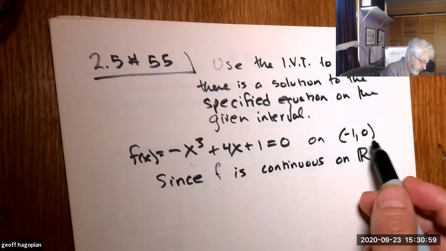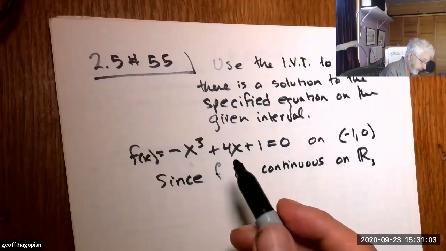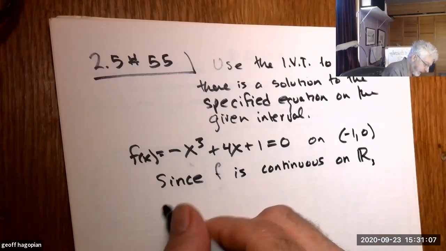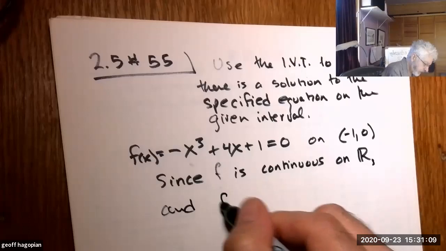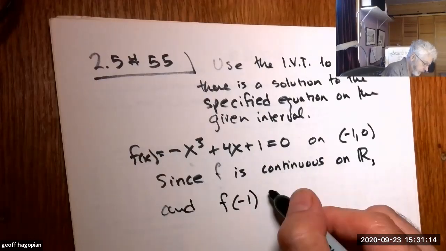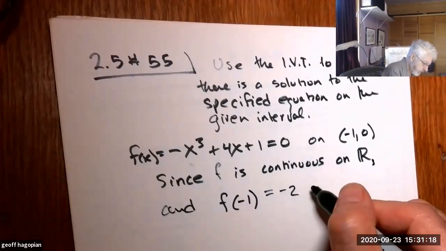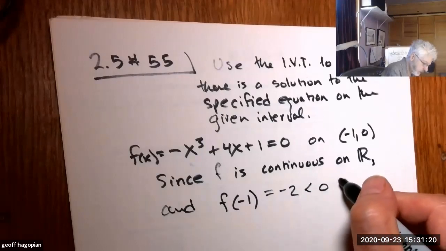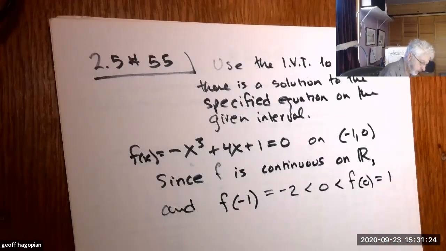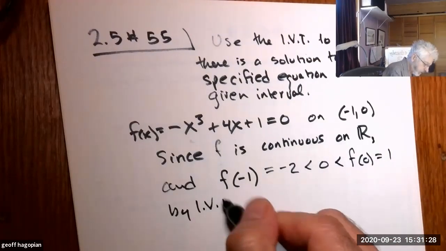So I noticed that it's positive at 0. How's it doing at -1? It's negative. Okay, great. So that's easy. f of -1 equals -2, which is less than 0, which is less than f of 0, which is 1, by the intermediate value theorem.